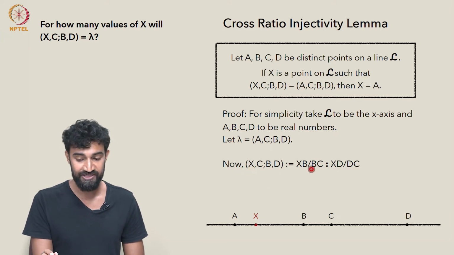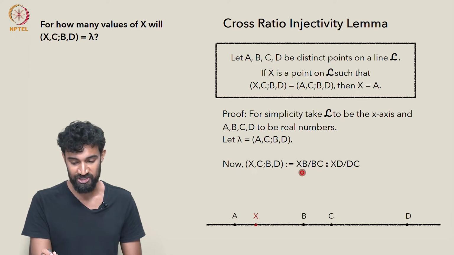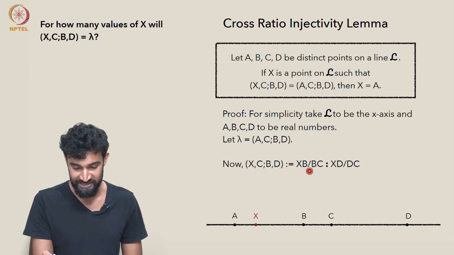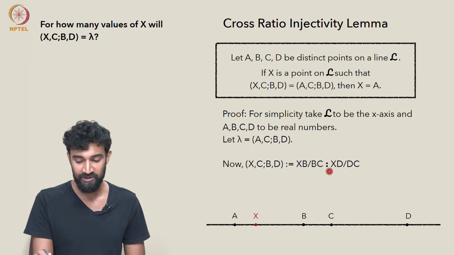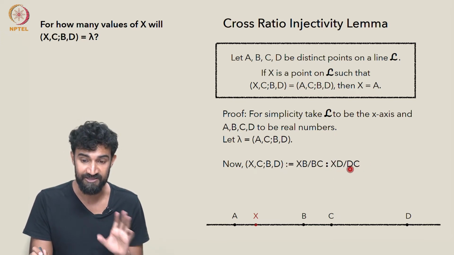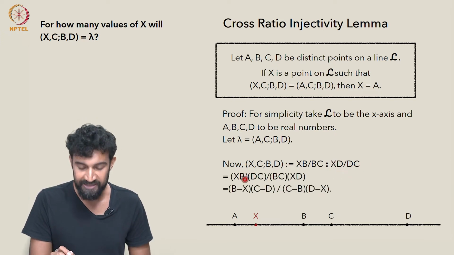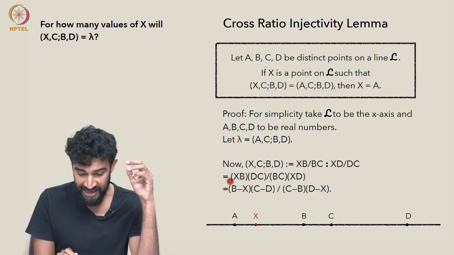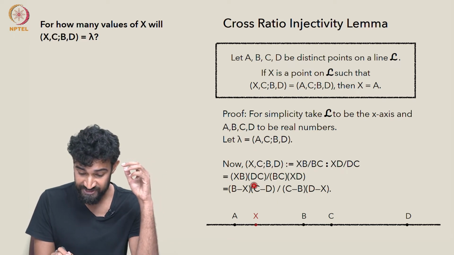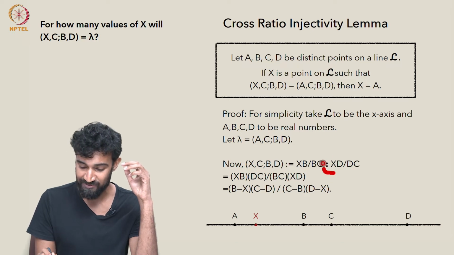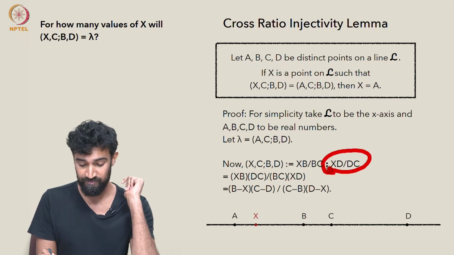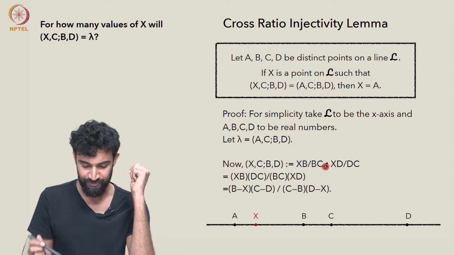Now, let's unpack this cross ratio. XCBD, we can rewrite by the definition of the cross ratio, as XB over BC all over XD over DC. And that's equal to XB times DC over BC times XD. I'm just flipping this denominator and multiplying these two fractions together.